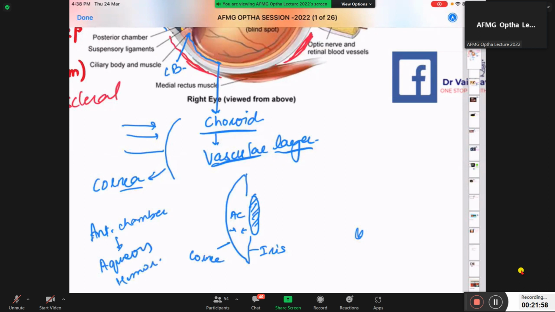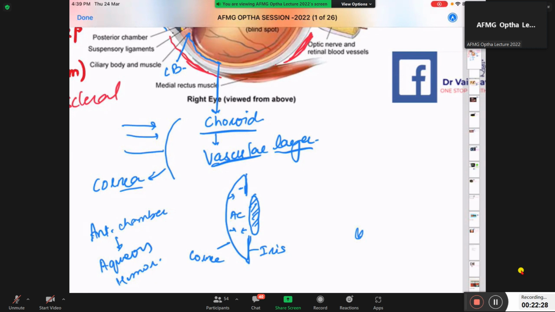It is a liquid which is present in your anterior chamber, right? So understood the anatomical location of the anterior chamber. It is present behind the endothelium of the cornea and in front of the iris. There is a space which is called the anterior chamber, which is filled with which liquid? Aqueous humor. Understood? Yes or no?